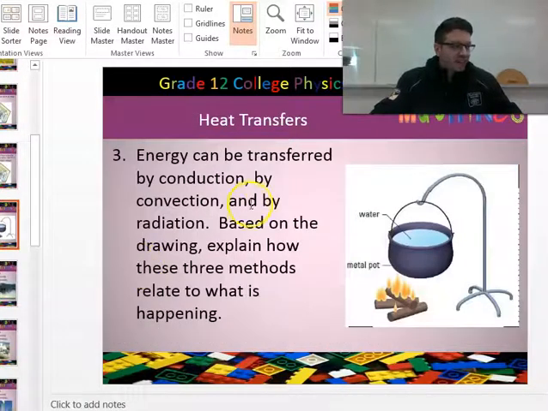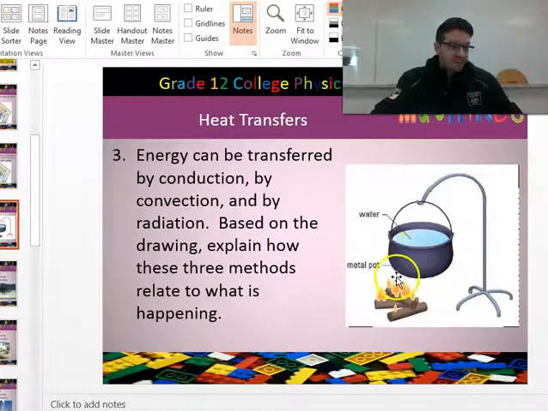Again, a quick review of grade 9 on heat transfer: there are 3 different methods to transfer thermal energy from one object to another. If you look at this example here, you have fire, and that's transferring heat to the metal pot through radiation.